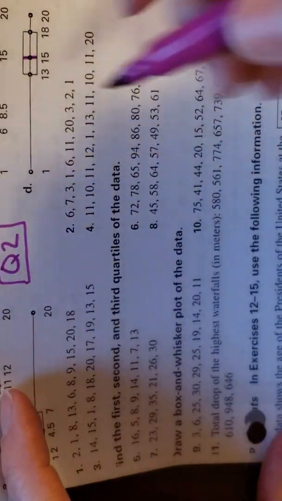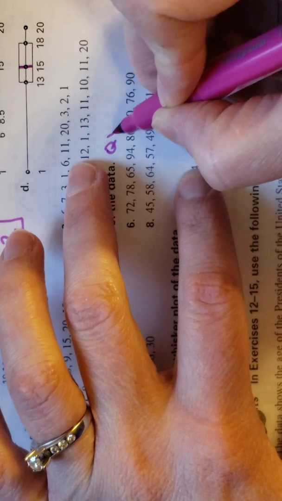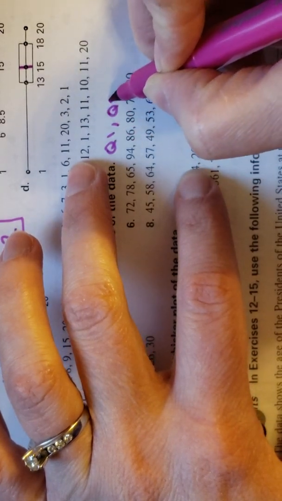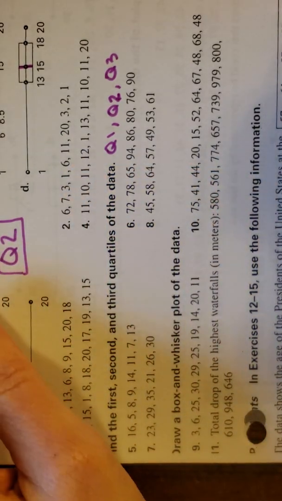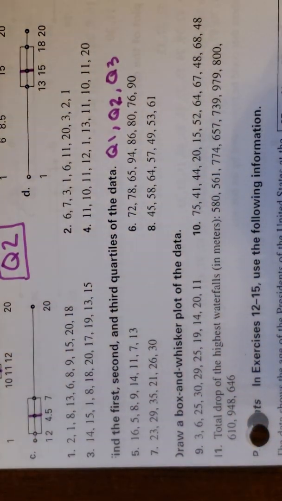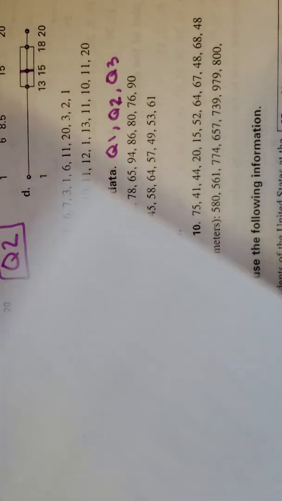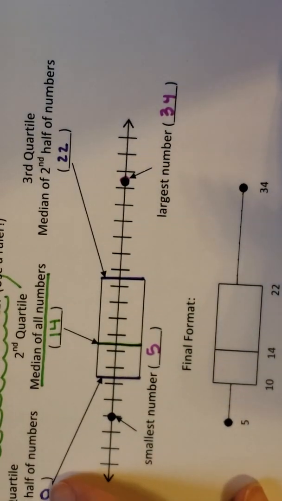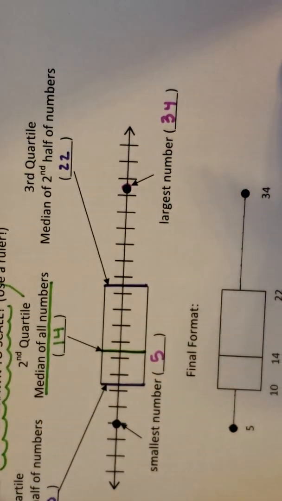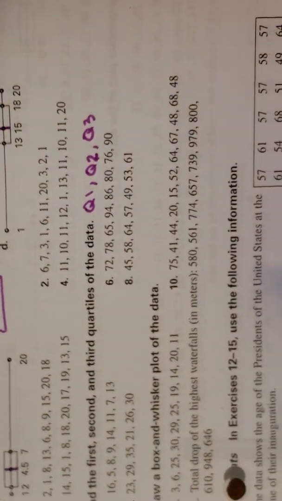Numbers 5 through 8, you are to find the first, the second, and the third quartiles. So that is what we did when we did our box and whiskers chart, like so. So you'll find 1, 2, 3, and you'll list them 1, 2, 3.